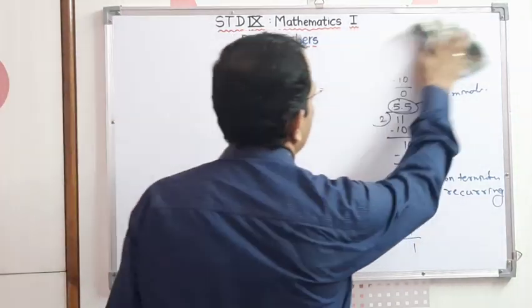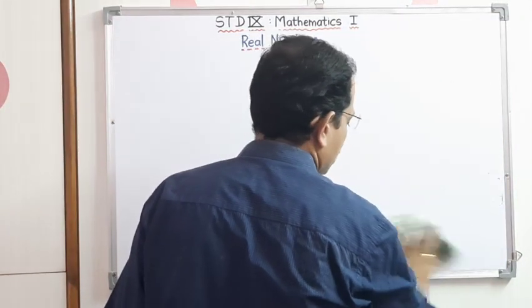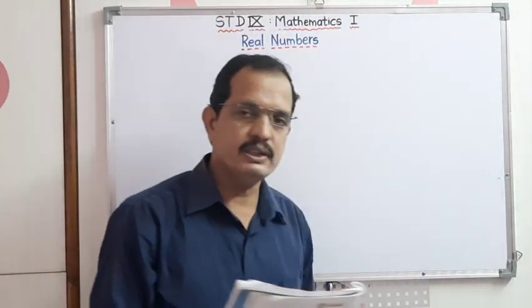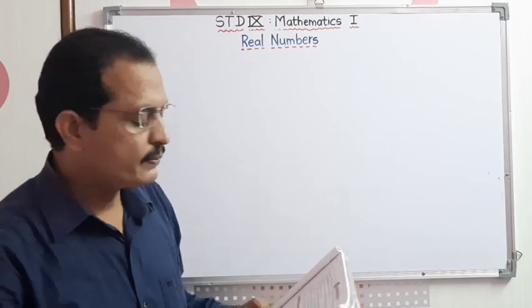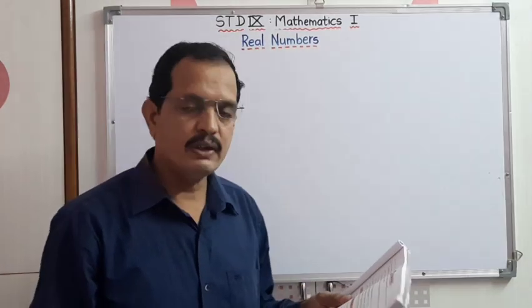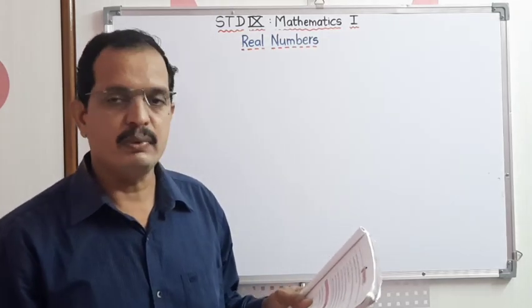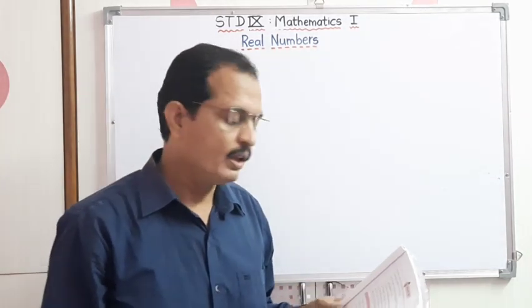Now based upon this, we have to start with practice set 2.1. Question number one is given. Classify the decimal form of the given rational number into terminating and non-terminating recurring type.